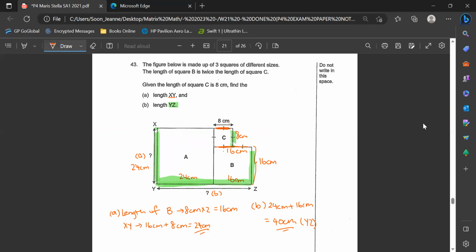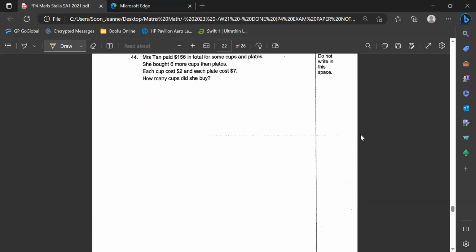Okay, now moving on to question 44. Mrs. Tan paid $156 in total for some cups and plates. She bought 6 more cups than plates. So you know that there's a difference here of 6 more cups than plates. Each cup costs $2. Each plate costs $12.